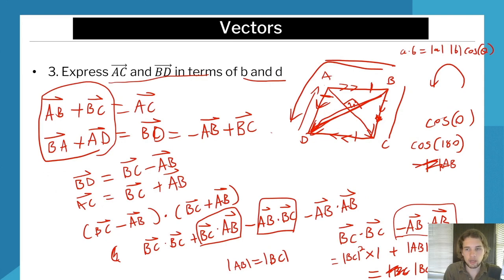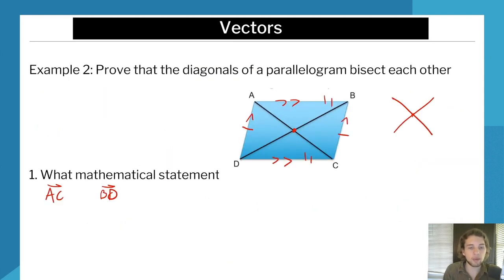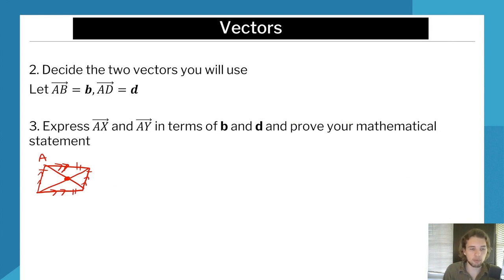Unlike the question over here, where we were proving something about direction, now we need to prove something about a position. We want to prove that the position in which they are both halfway matches. It's the same position, therefore they intersect at that halfway point and chop each other in half. So based on that, let's look here.